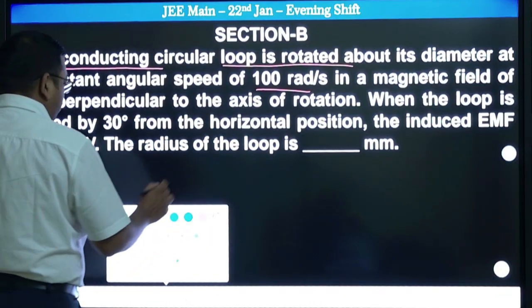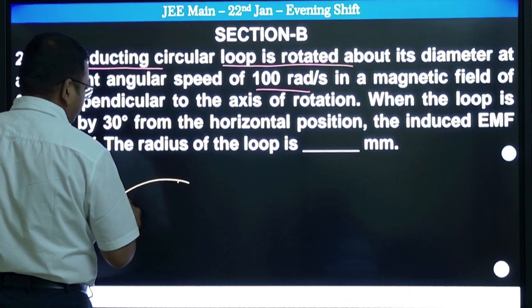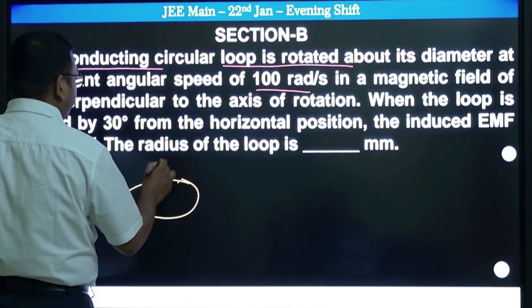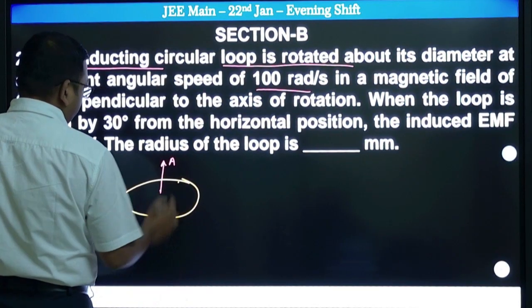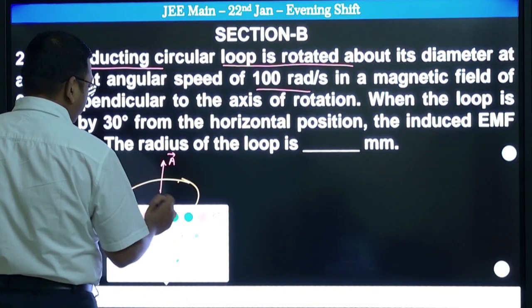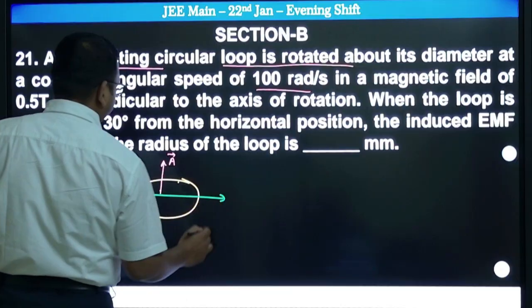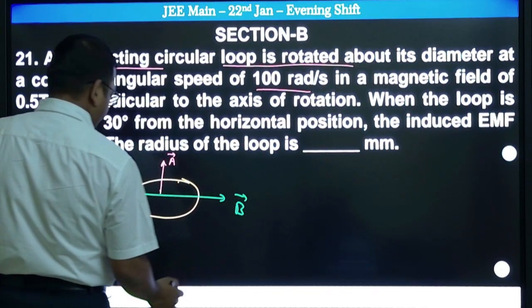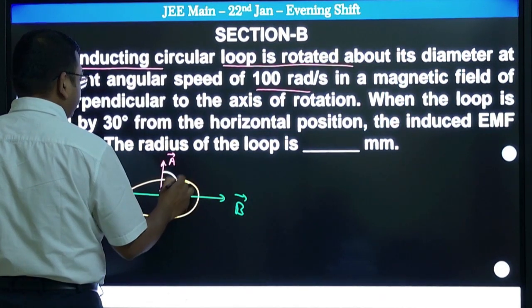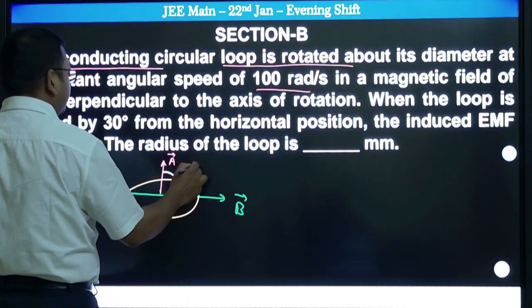So let us take a diagram: this is the loop, and the area vector will be up right now. The magnetic field will be perpendicular, so you can take the magnetic field as horizontal. So right now the angle between them is 90 degrees.